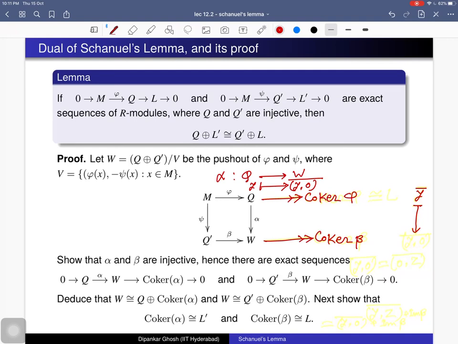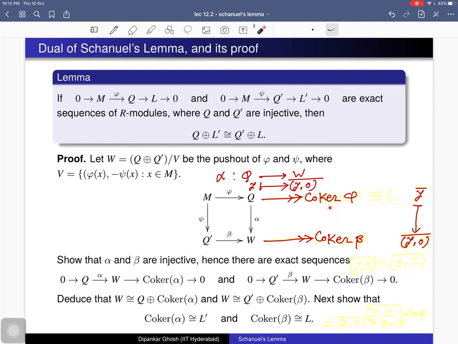So, y comma 0 is an element in this direct sum, and if we consider its equivalence class, that is modulo v, then this is an element in W. So, the image of y bar should be the equivalence class of y comma 0. In this way we can have a map from co-kernel of phi to co-kernel of beta.